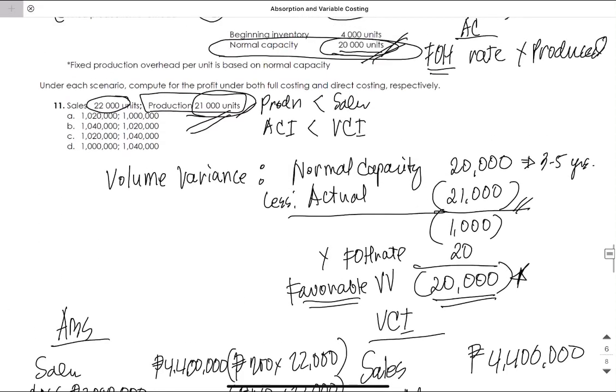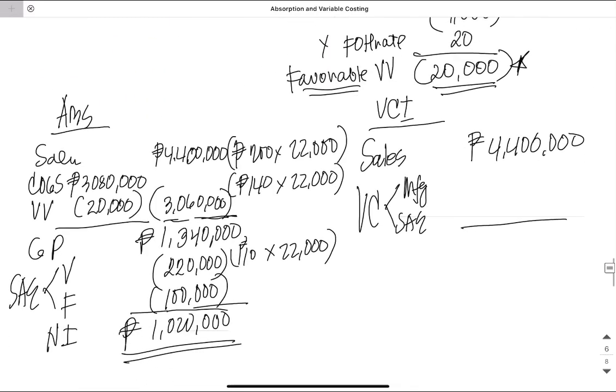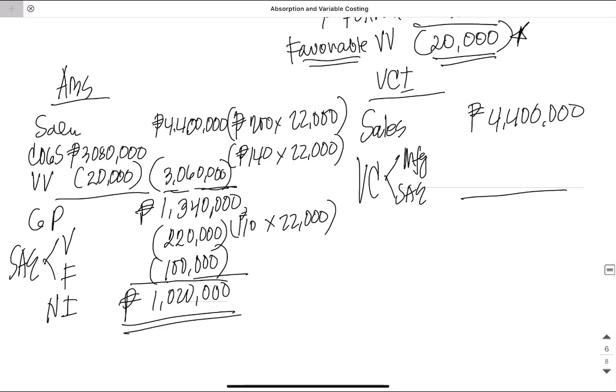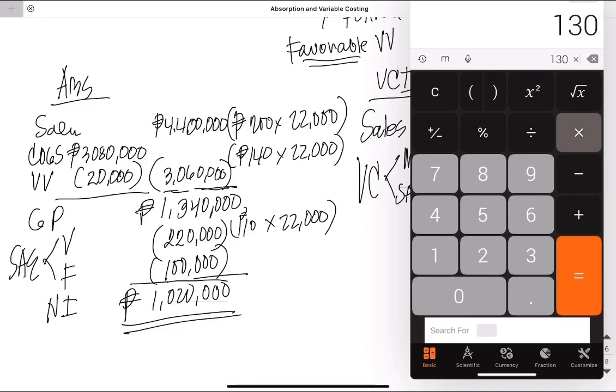So for production it's 120, and then variable selling is 10. So that's a total of 130. So 130 multiplied by number of units sold.